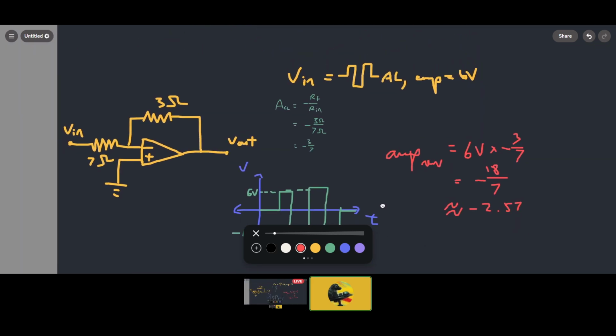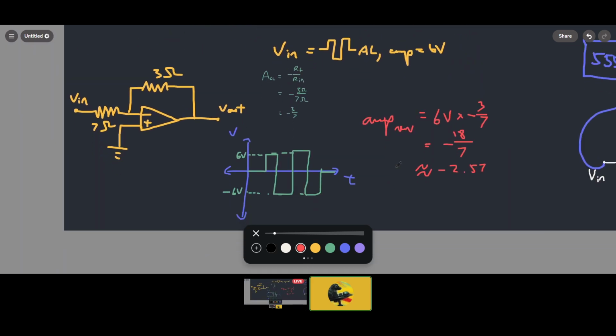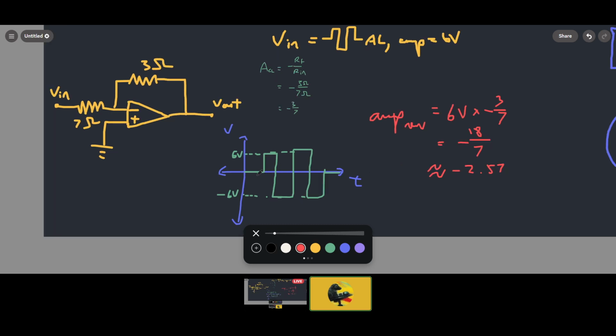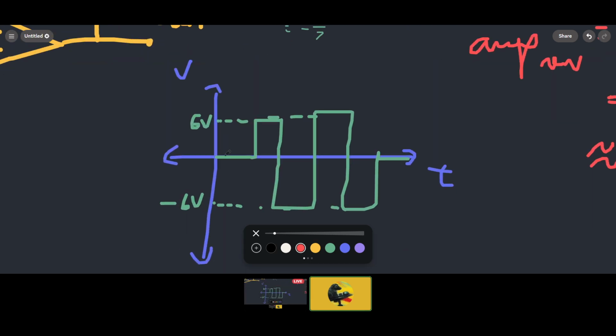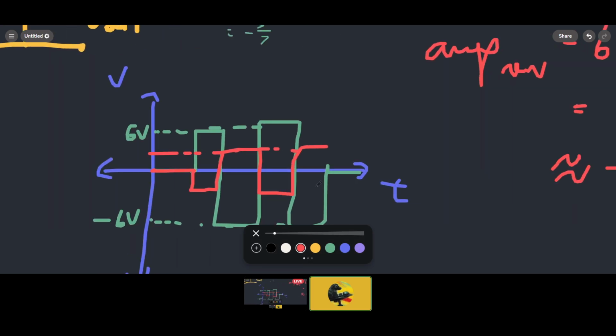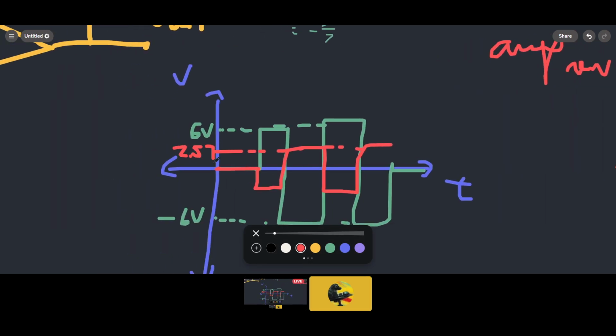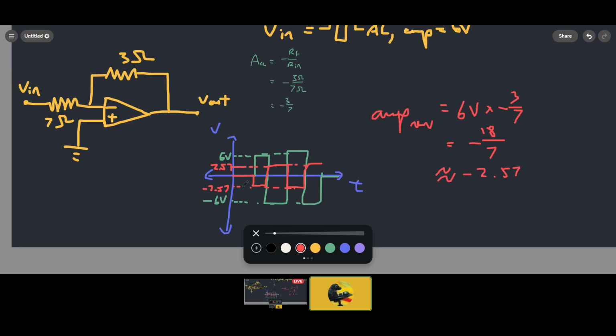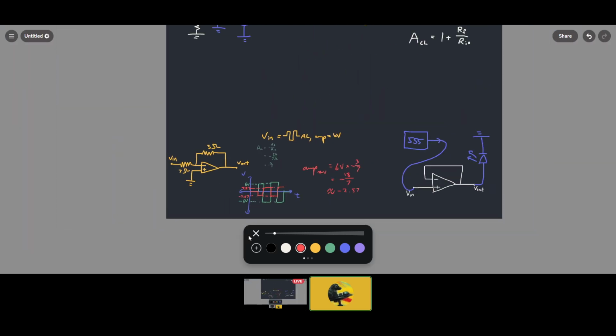So it actually decreased. It did not amplify the AC amplitude, it decreased it. Our new waveform will look smaller, and it'll be inverted, as you can see here. So this would be 2.57, and same here, negative 2.57 volts. So that is that question.